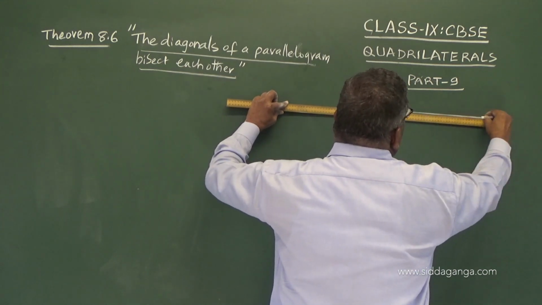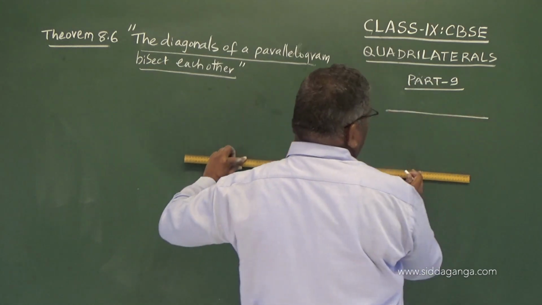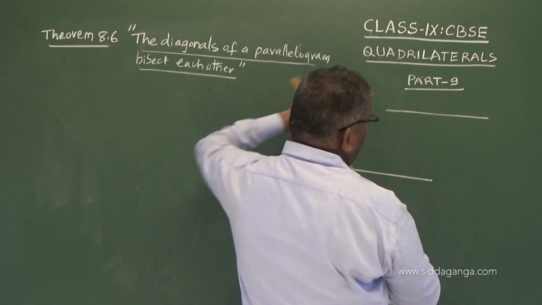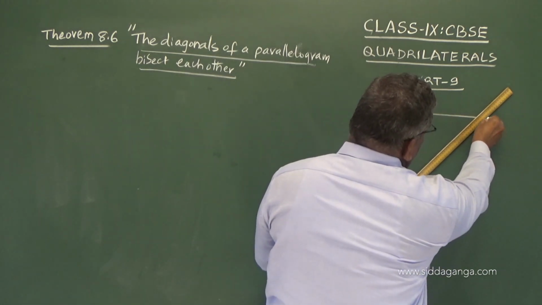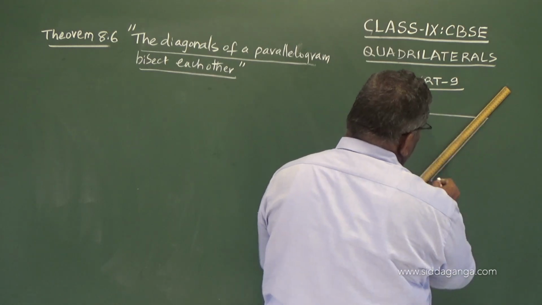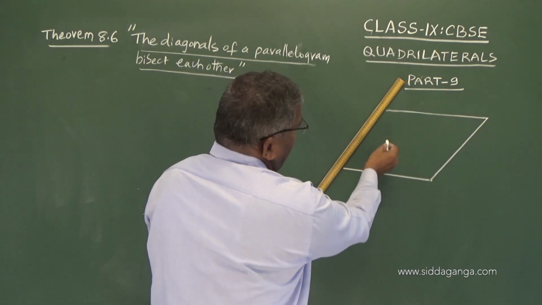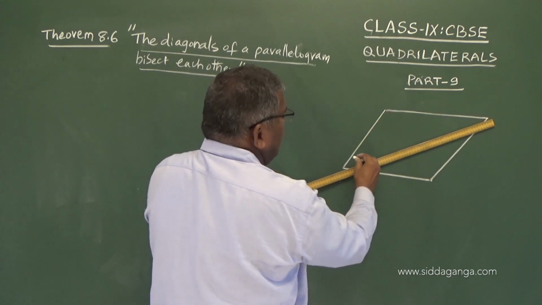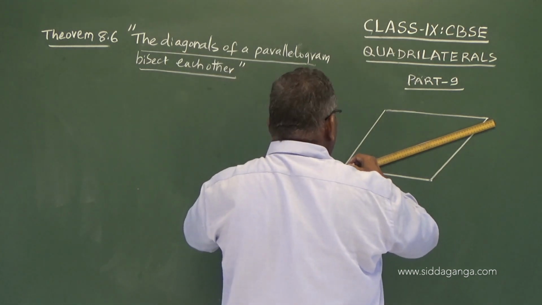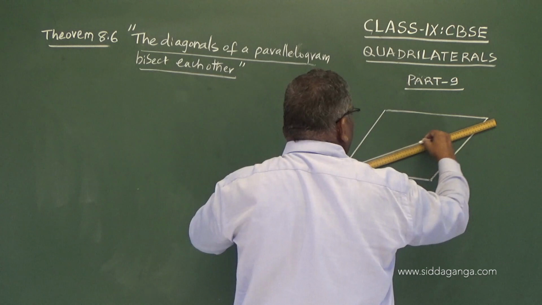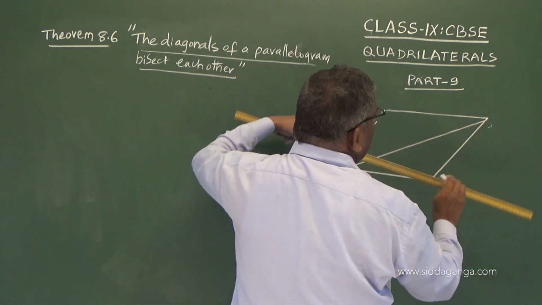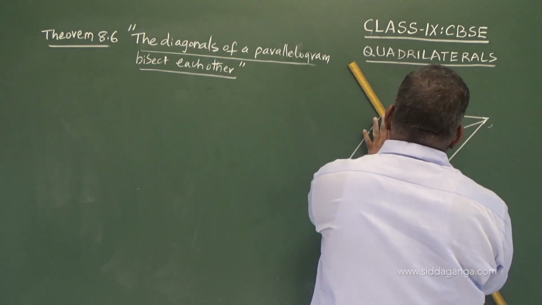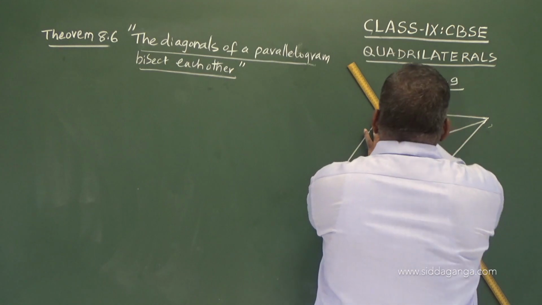This is the parallelogram, and its diagonals are diagonal AC and diagonal BD.